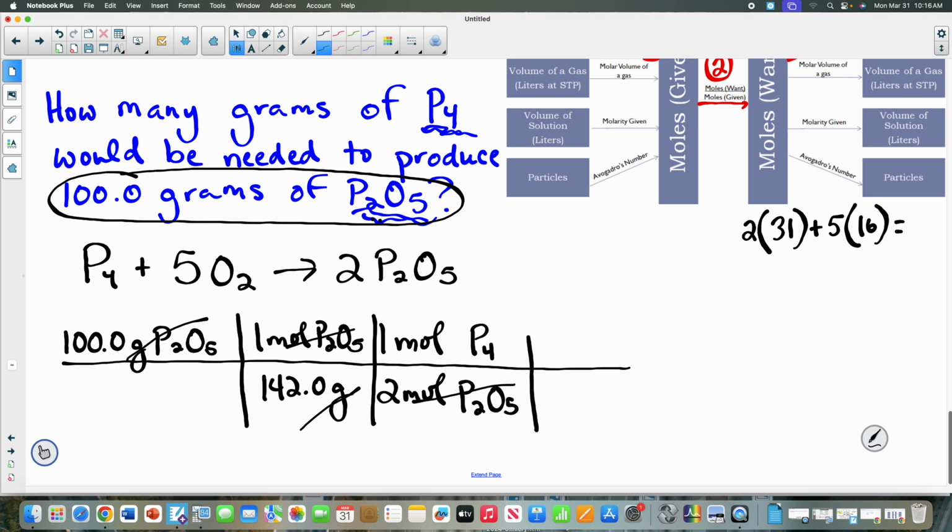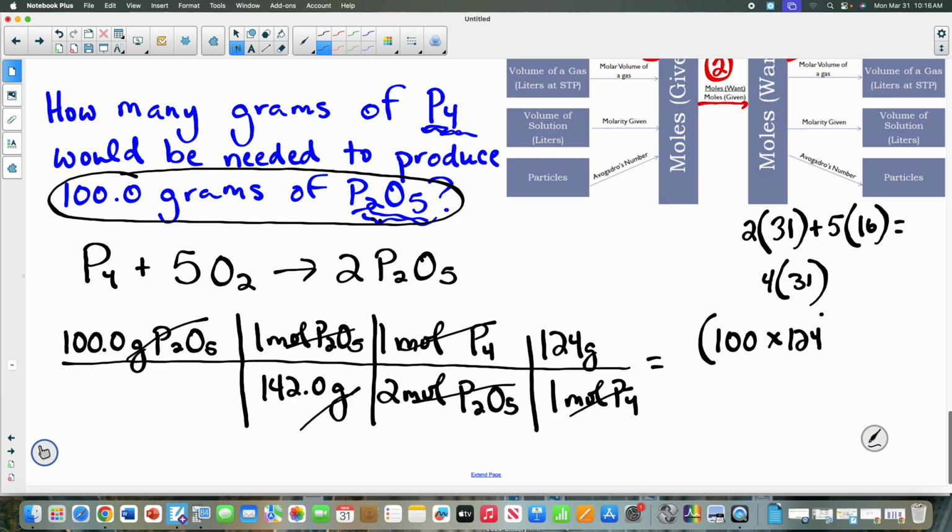Last step, grams. So molar mass of P4, 4 times 31, 124. Okay, so my math is going to be 100 times 124 divided by 142 times 2.